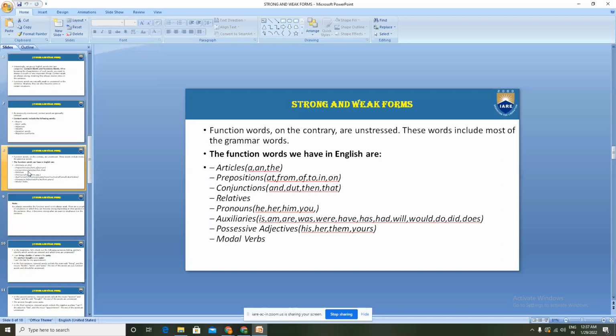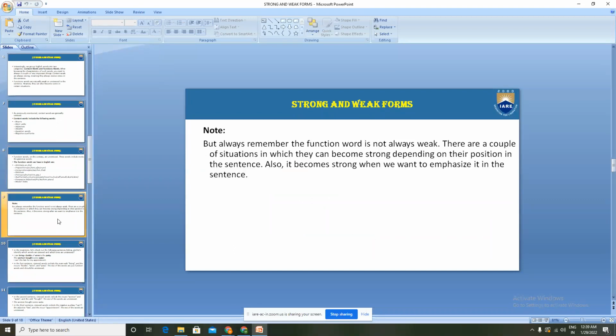So let us go to some examples for a better understanding. But just a small reminder: the function word is not always weak.